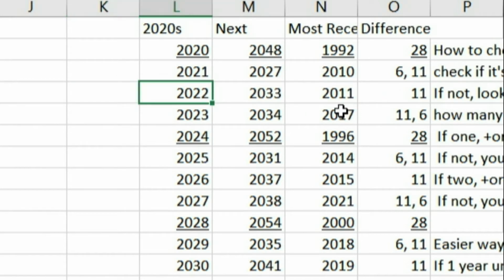For 2022, the next time you'll be able to reuse that calendar is in 2033. Also for 2022, if you have a calendar from 2011, it will work. And for 2023, which is the year after 2022, obviously, right? How many leap years occurred between 2023 and 2029, which is 6 years in the future?